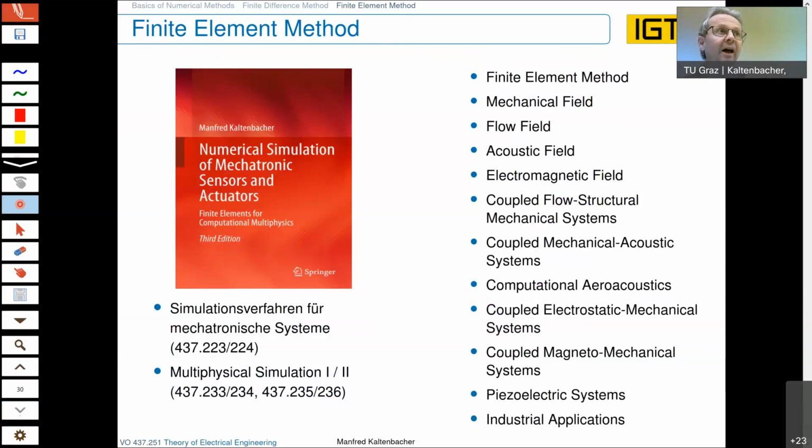And then there are 2 additional courses, multiphysical simulation 1 and 2, always with exercises. You will also learn there not only electromagnetic fields, but also thermal fields, mechanical fields, acoustic fields, and their couplings. So really multi-physics in this part.